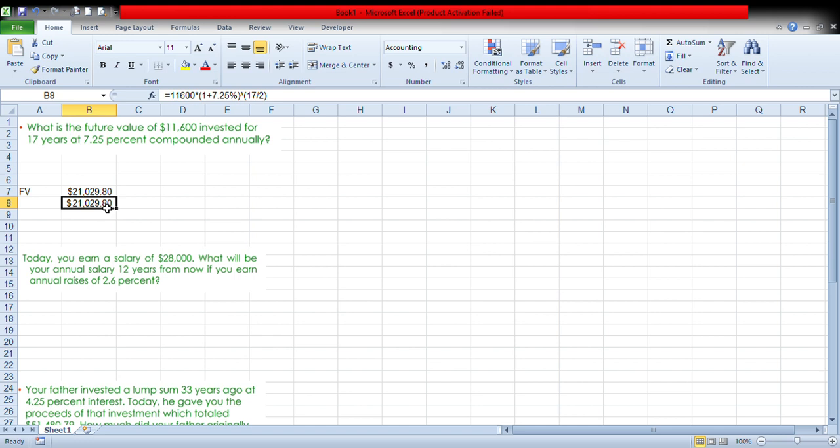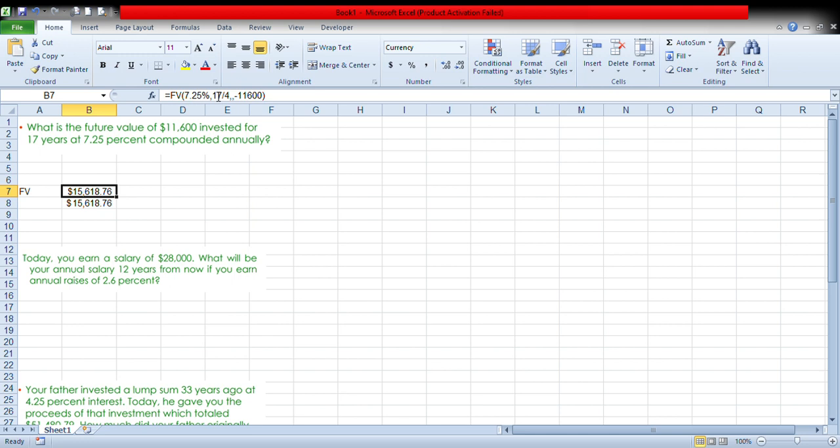If it is monthly, what will you do? You will divide the rate by 12, so you will get the monthly. What if quarterly? Divide by 4, and you will get the quarterly. Understand?